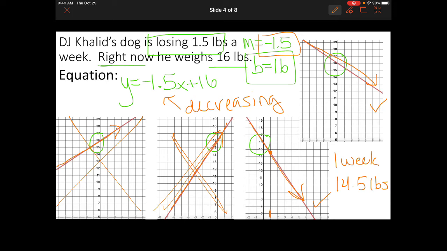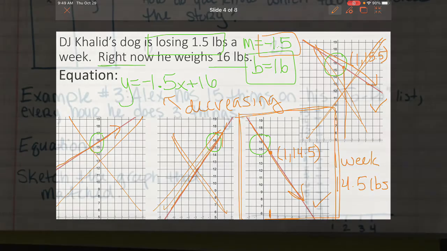Is that 14.5? Yeah. In 1 week, he's 14.5 pounds. This is good so far. Let's look at this one. In 1 week, it looks like 15.5 pounds. And so this one does not match. This is the graph that matches that word problem.